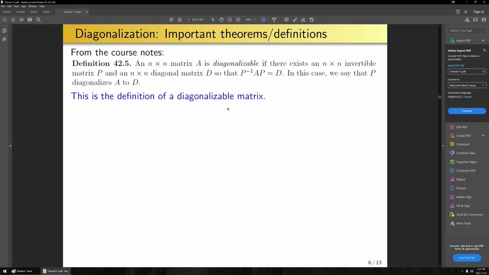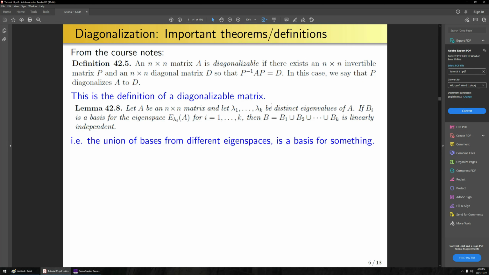So, definition 42.5, this introduces the definition of a diagonalizable matrix. So here, A is diagonalizable if there exists this invertible matrix P, such that this thing is true here for some diagonal matrix D. Okay. Next up, this lemma is quite useful.